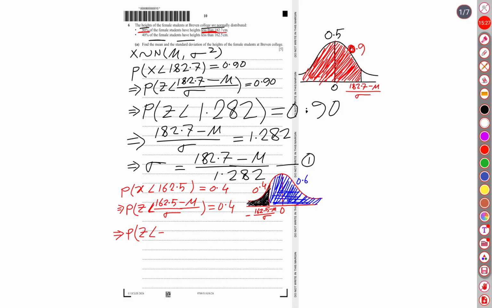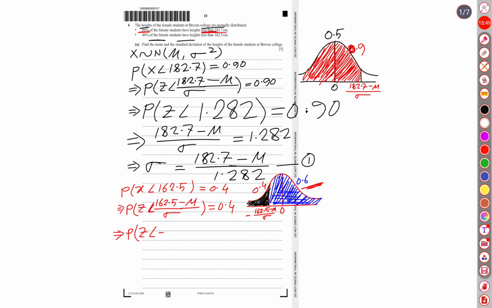Here we are going to find, for the probability 0.6, the corresponding z-score. If we change from left to right, the symbol may change, but we have already seen that the z-score is lying on the left side, that's why it's negative.